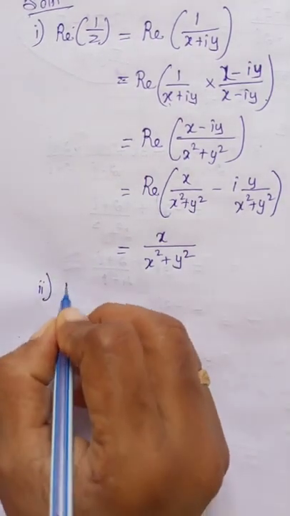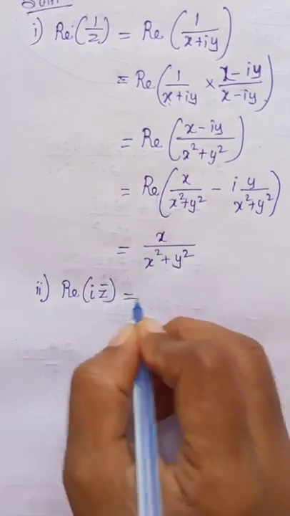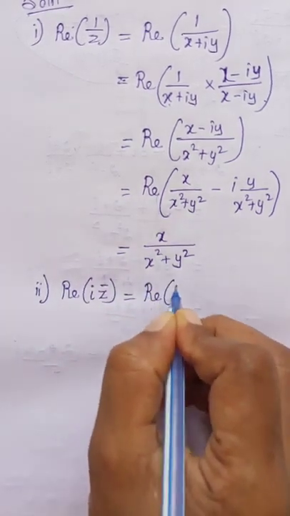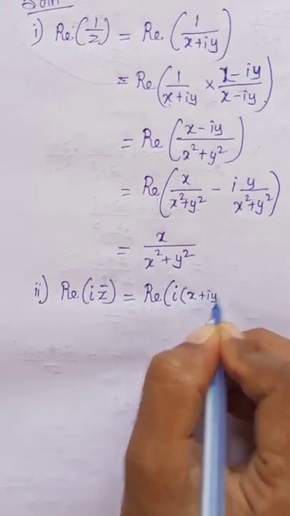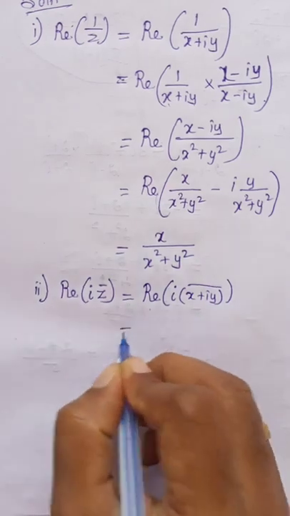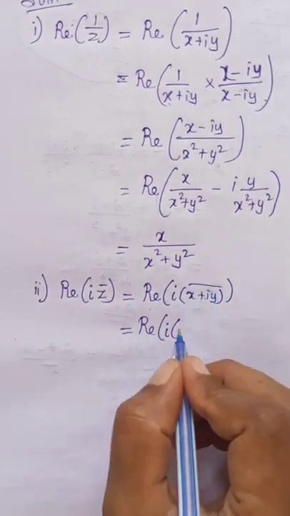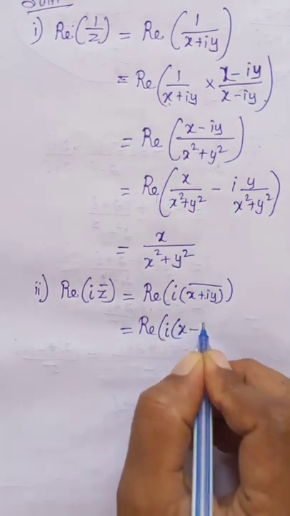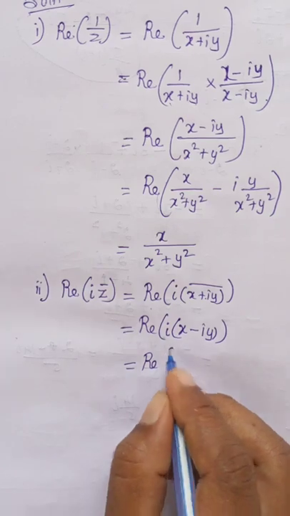Now the second subdivision is the real part of i into z bar. That is the real part of i into x plus iy the whole bar. The conjugate is x minus iy. Now we can multiply with i.